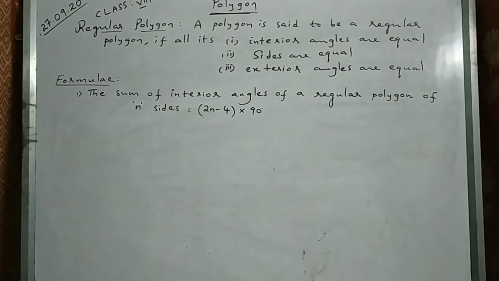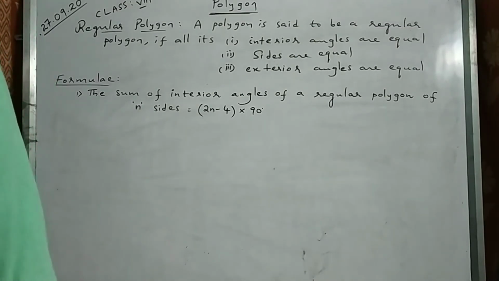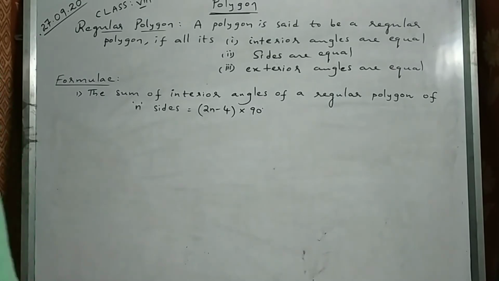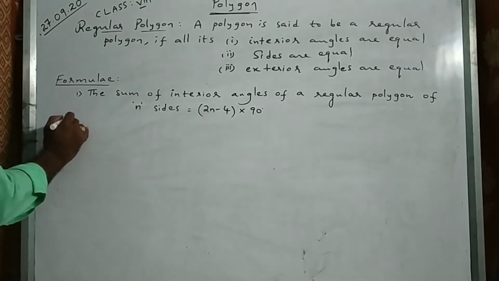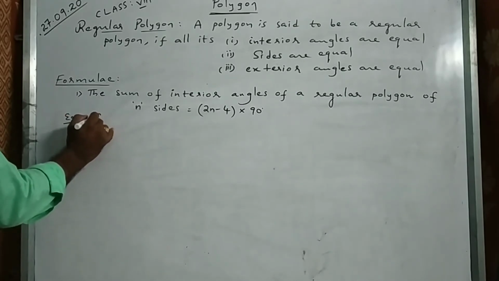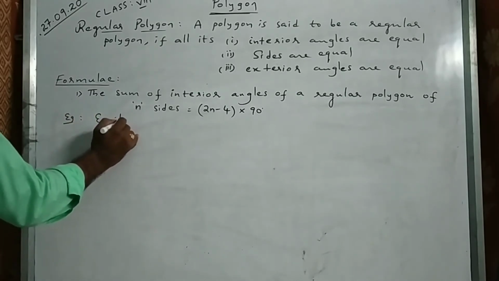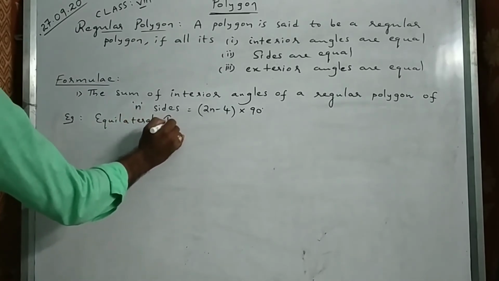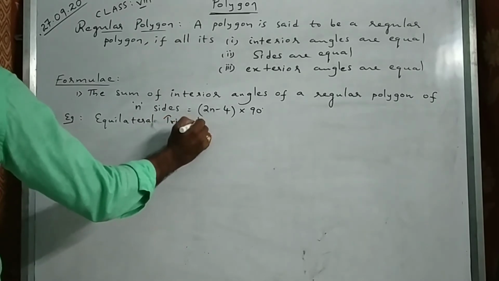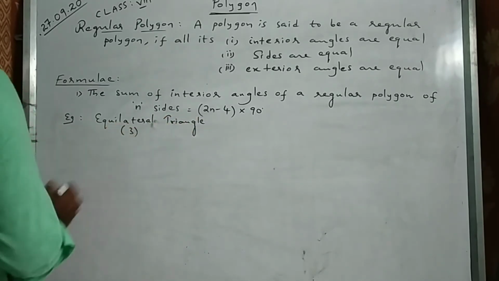So for example, if you want to find out, let me take an equilateral triangle. How many sides do we have for an equilateral triangle? 3 sides.